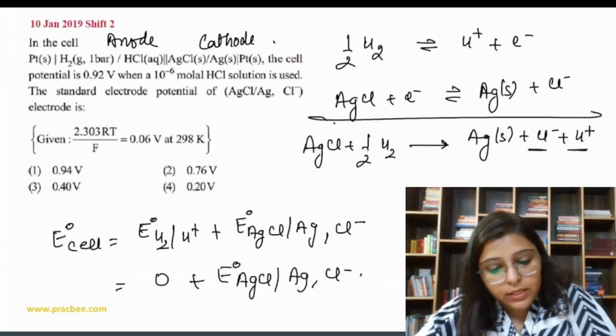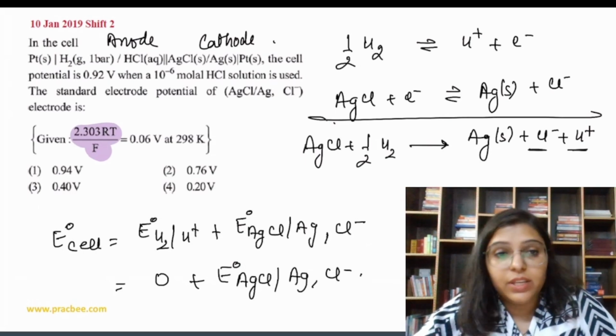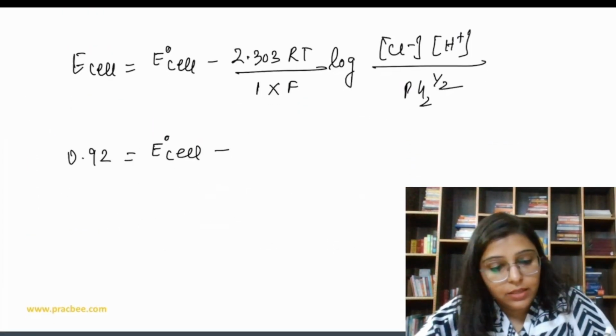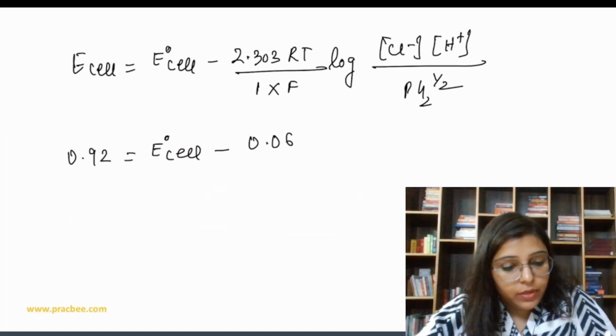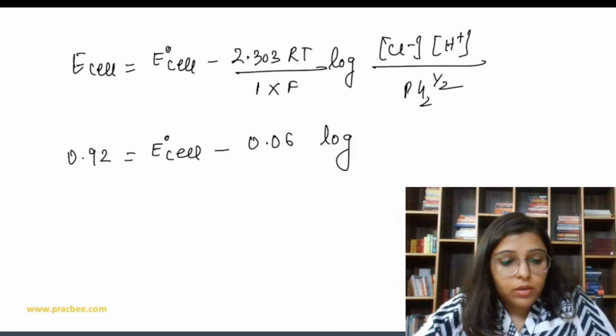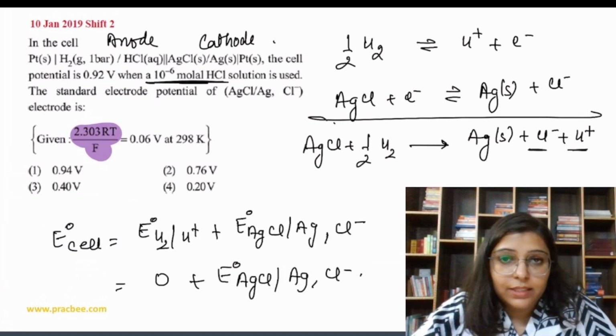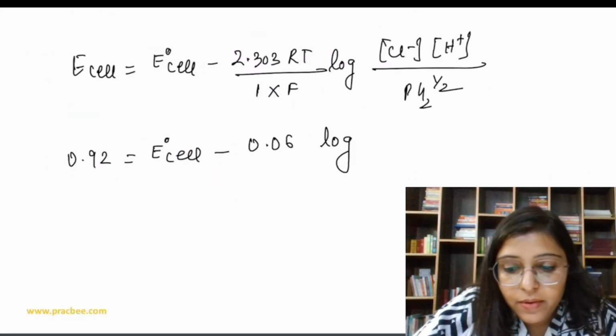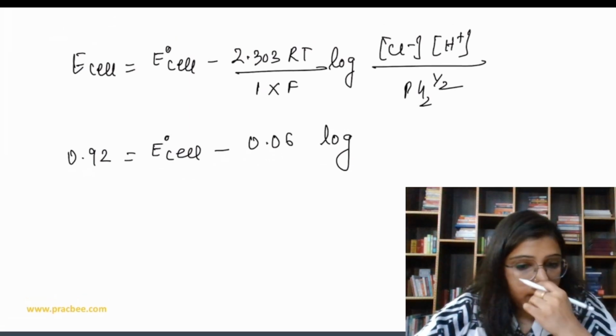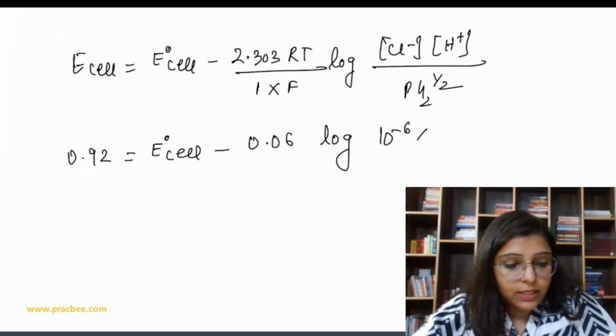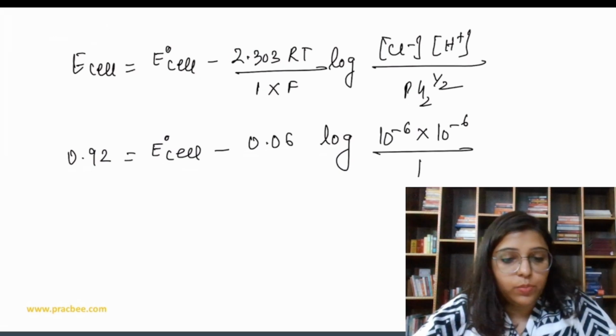Now 2.303 RT by F is 0.06 at 298 Kelvin. So let's take 0.06 log. For 10 to the power minus 6 molar HCl, here it is 10 to the power minus 6, it is 10 to the power minus 6, and this is 1.